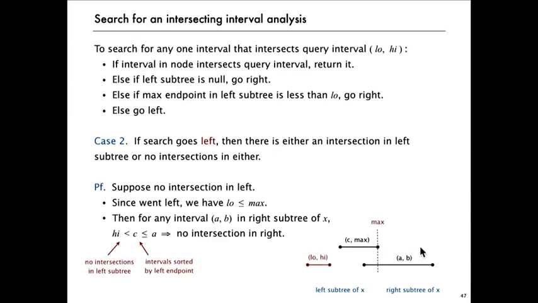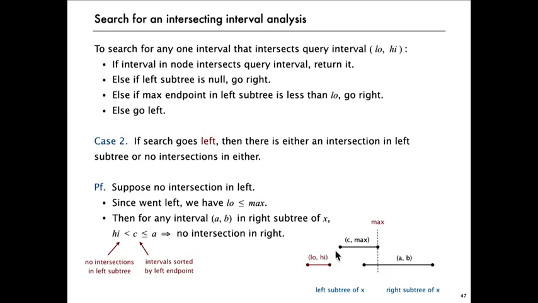But for any interval in the right subtree, it's got to appear after low because, since there's no intersection in the left subtree, high has got to be less than C because they're sorted by left endpoint.